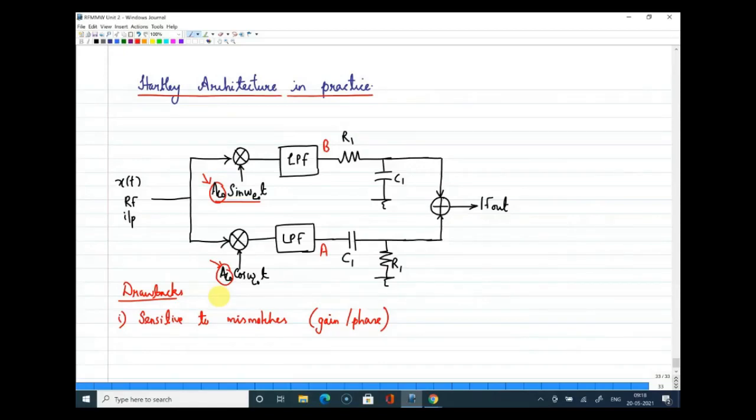I'll still consider this as 1 only, ALO. So it is sine omega LOT here, and this is cos omega LOT. This is cos omega LOT, and the meaning is I am looking for an ALO value of 1.